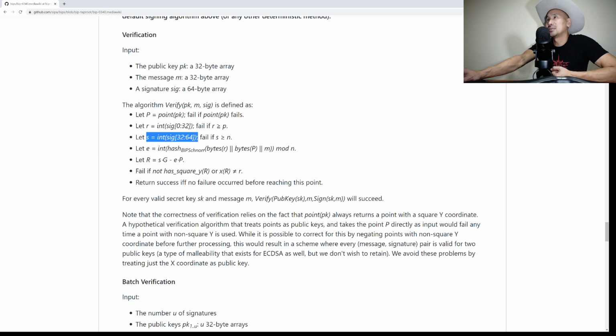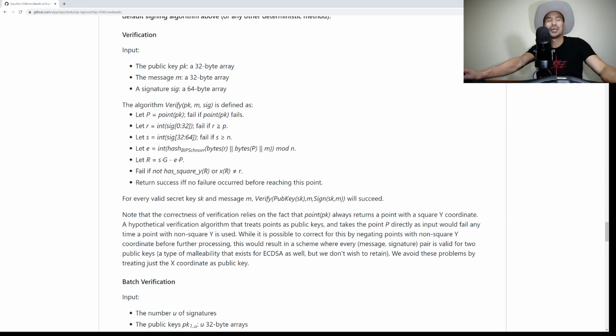S is the last 32 bytes, and that is going to be used as a multiplier before the generator point, so it needs to be less than n. E is the hash of this thing, and R is this thing, and R has to have a square y because we chose it that way, and the x coordinate of the resulting point has to equal R, which was given at the beginning.